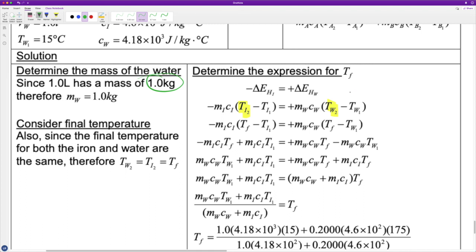This formula here is just Q is equal to Cm delta T. I just changed the order of the M and the C, but that's not a big deal. And TF stands for the final temperature, right? So again, remember the iron's final temperature and the water's final temperature are the same.